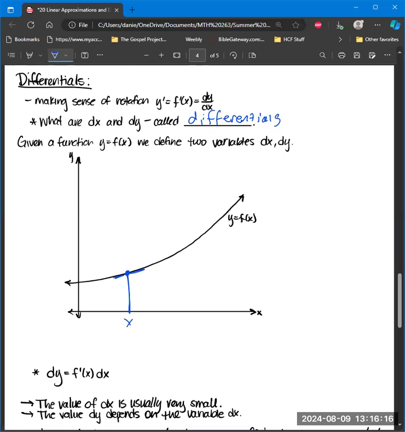Here's where our linear approximation is based, right? Then here's a point that we're trying to estimate, and there's that point on the line.